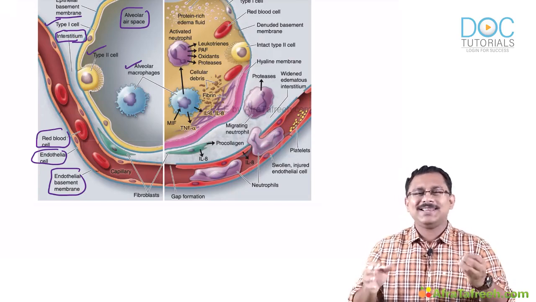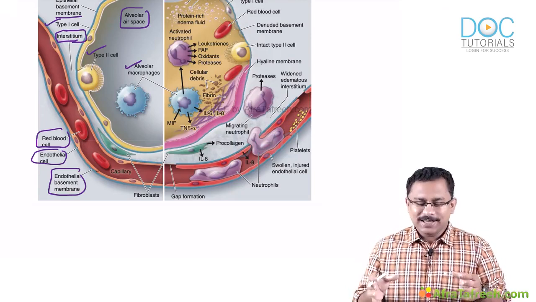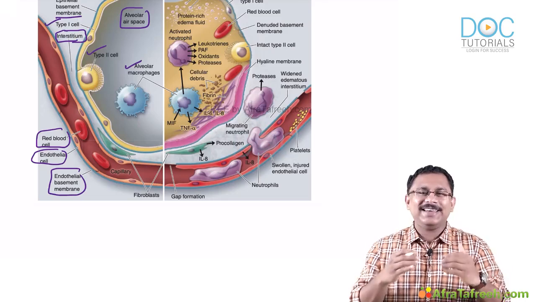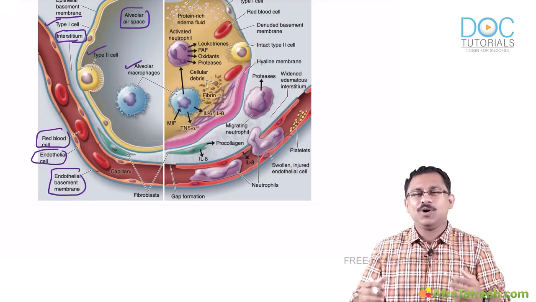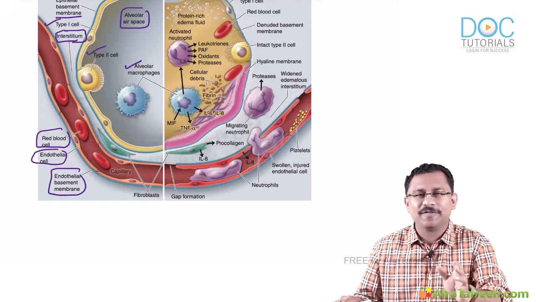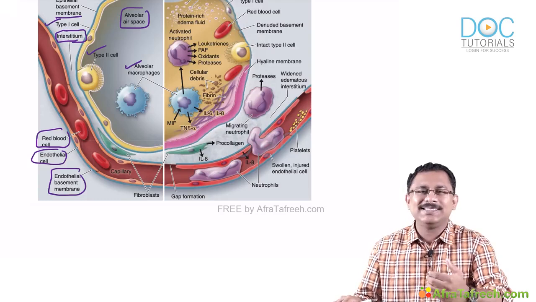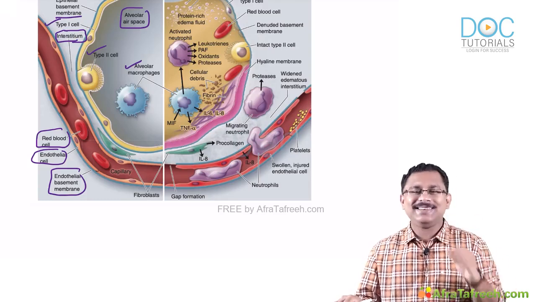Normally your alveolus is not a fluid-filled compartment, correct? Because you have a very tight alveolo-capillary membrane, which only allows gas exchange, you will not have any leakage of proteins, RBCs, inflammatory cells. So that is normality.